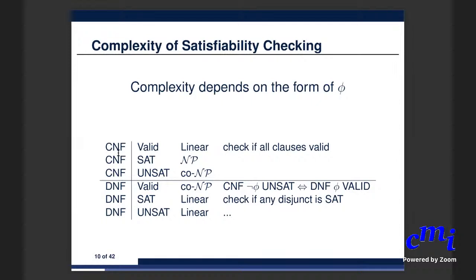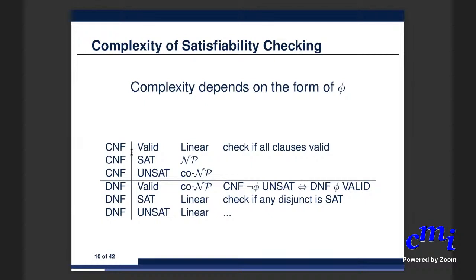For example, if a formula is in CNF, then checking validity is linear in the size of the formula. That is because CNF is a conjunction of clauses, and in order for it to be valid, every conjunct has to be true for all possible valuations of the propositional variables.